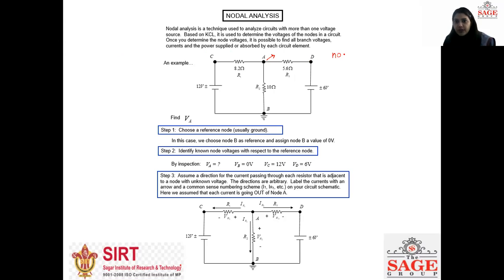A node is where two or more branches or elements join. If we talk about C, yes, it is a node. If I talk about A, yes, it is a node. If I talk about D, yes, it is a node.